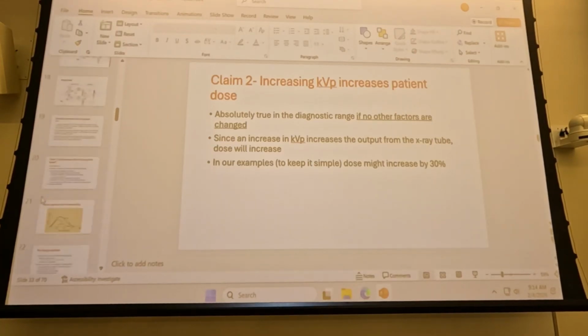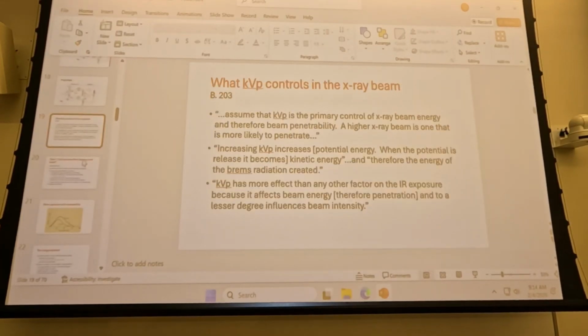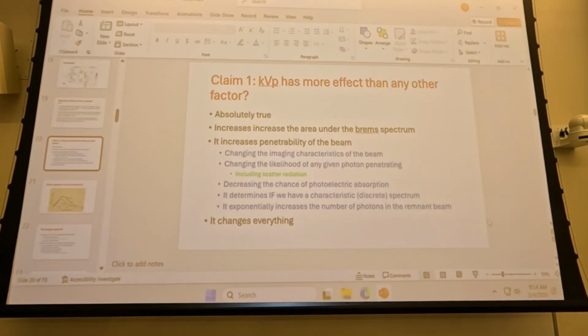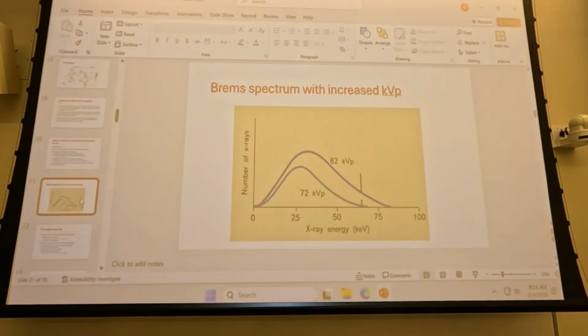So we spent the entire time last time talking about the first claim, and that is kVp has more effect than any other factor, and that was true because it changes the beam spectrum, it changes the imaging characteristics of the X-ray beam, which we're going to take a look at today, if not on Friday.